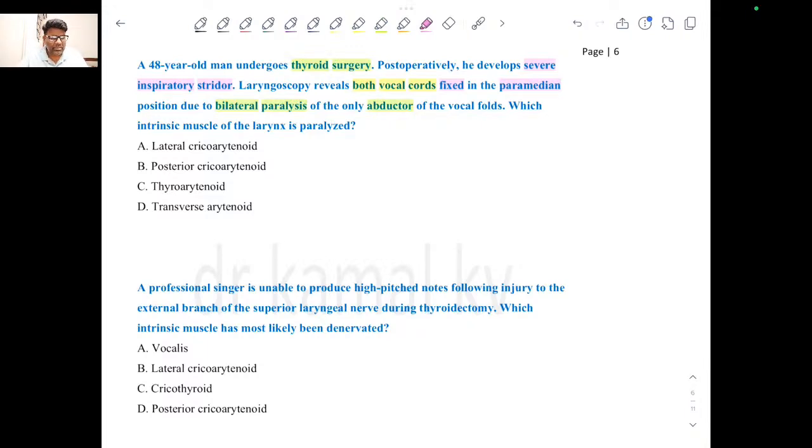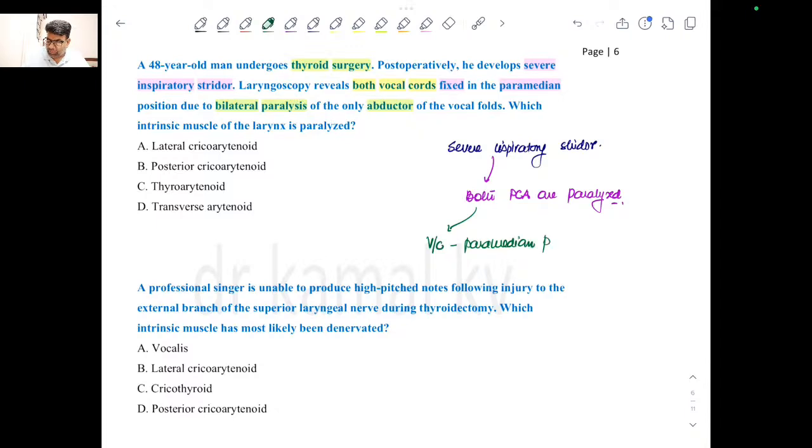Now I think this is a very basic question and everyone should be able to answer this. Yes, I am waiting for your answers. So yes, very good, Arka. So there is severe inspiratory stridor, and this hints that both posterior cricoarytenoid are paralyzed, clear, and therefore the vocal cords are in paramedian position, both are in the midline.